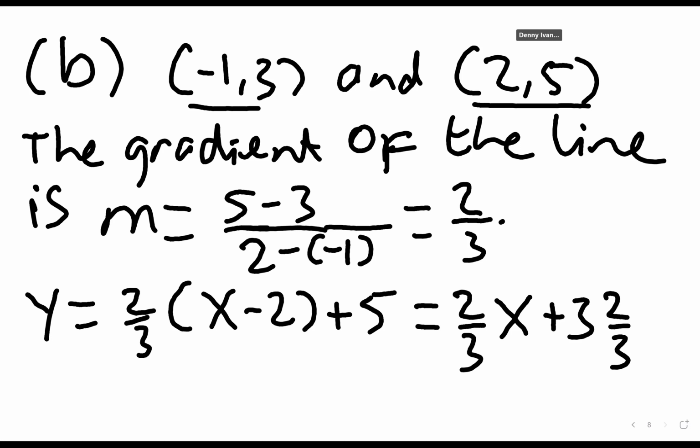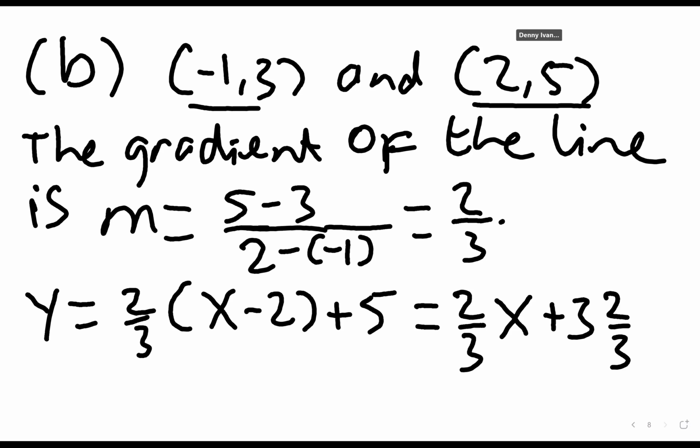All right, so now we continue to 6c. Here we are given a point on the line, and also the information that the line is parallel to another line.